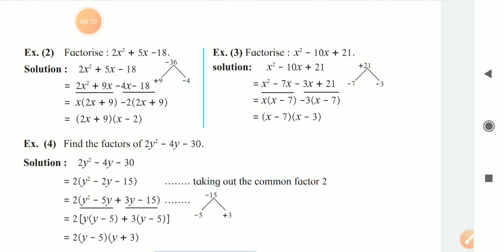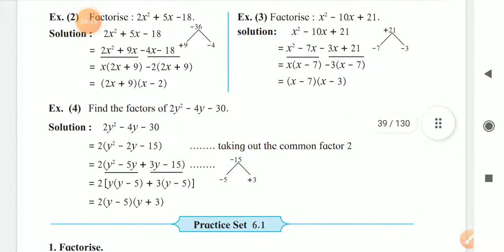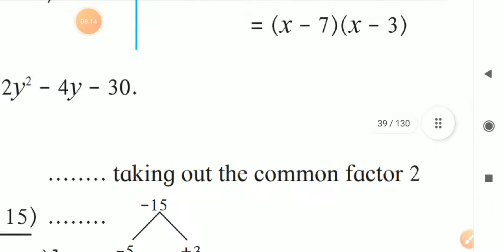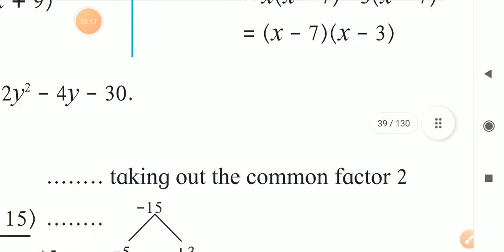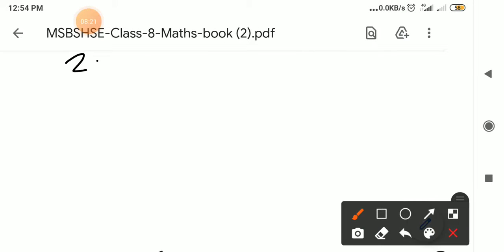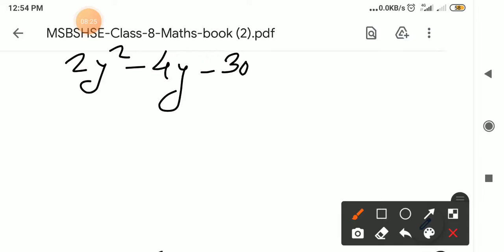Now the last example, solved example, that is 2y square minus 4y minus 30. Its factorization we will do now.